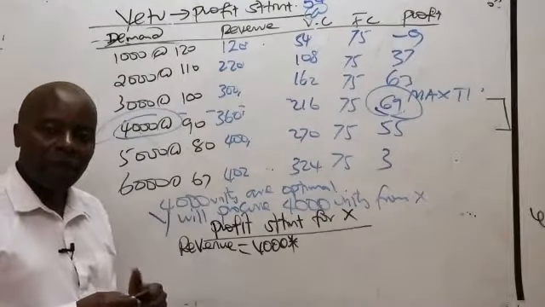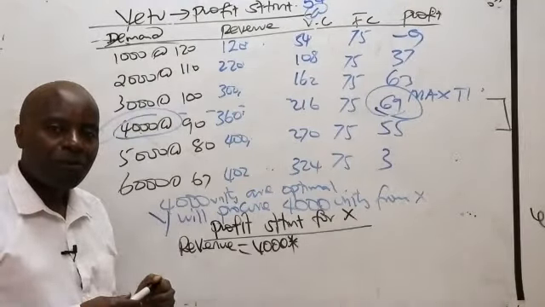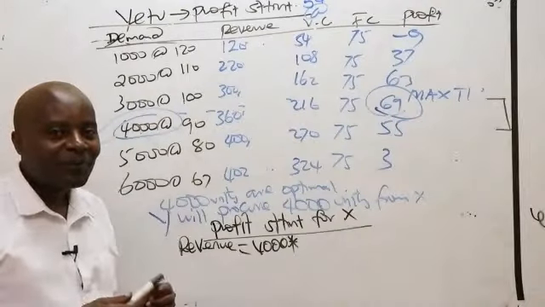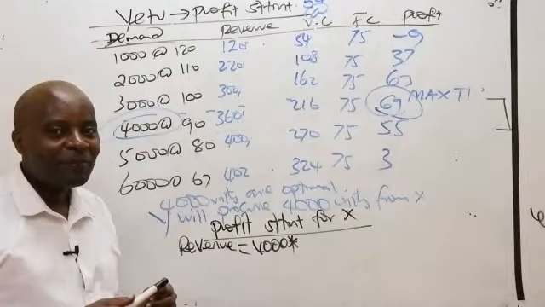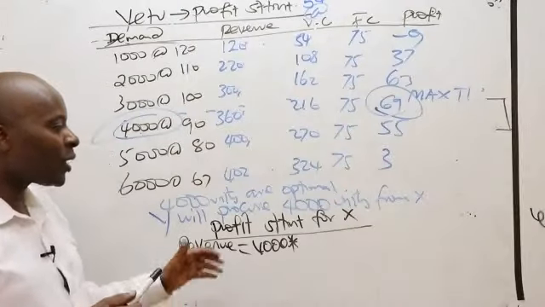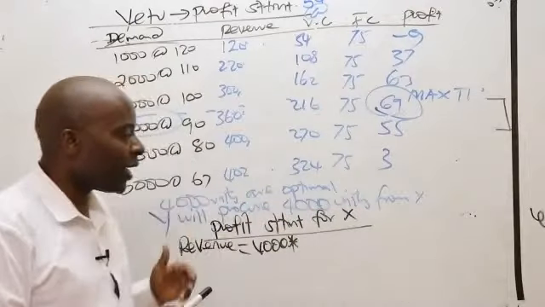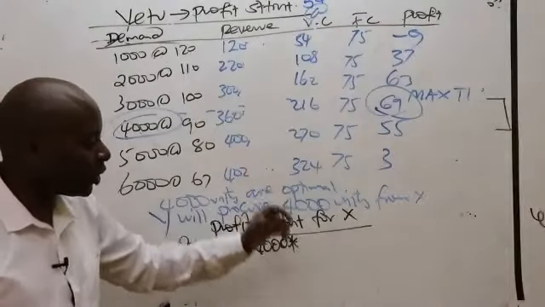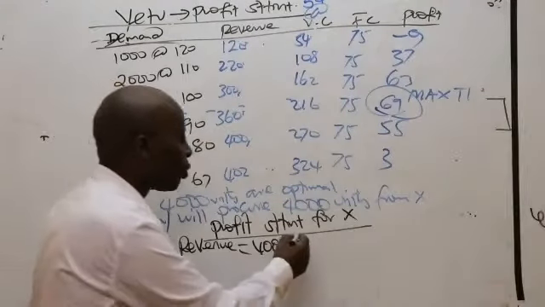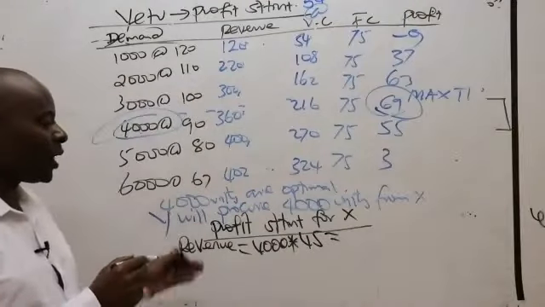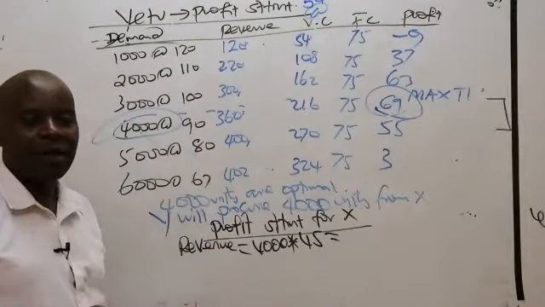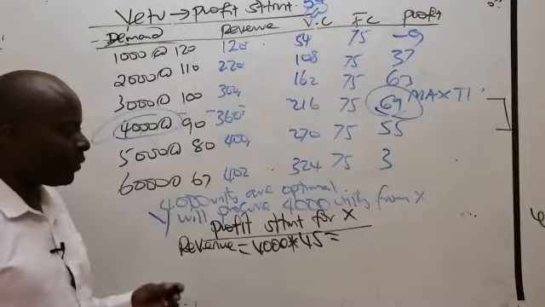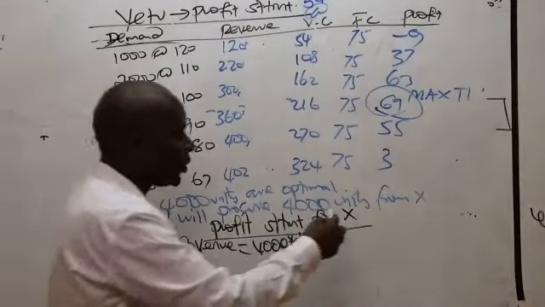Times 45, because this X is simply transferring goods to Y. It doesn't have any external customers. They are only drawing money from Y, and Y is willing to give it at 45. So what is 4,000 times 45? My figures are in shillings thousands.